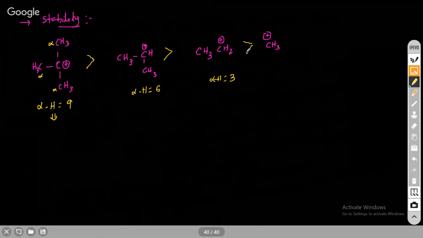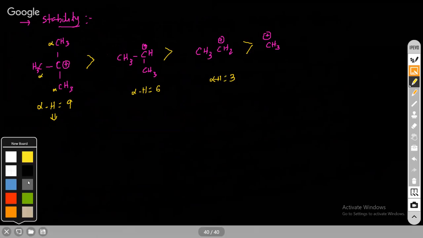Is it clear? Okay. So this is what hyperconjugation is.